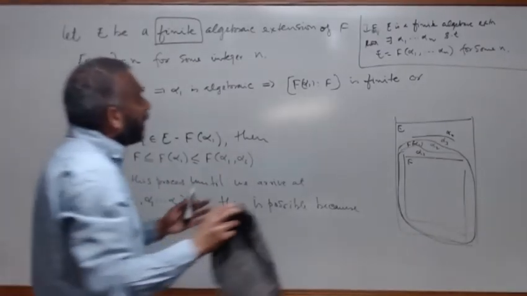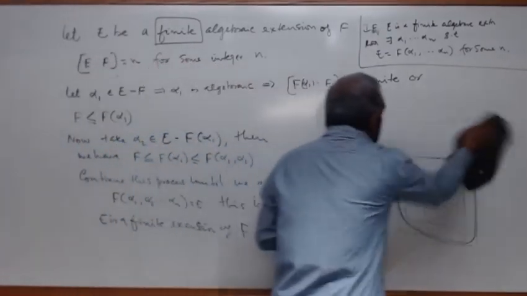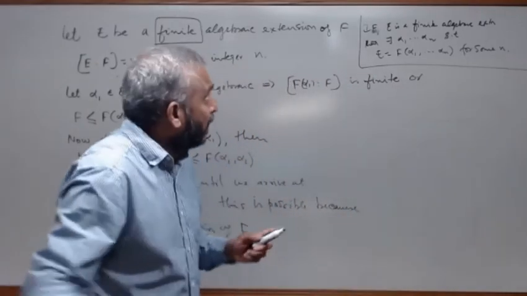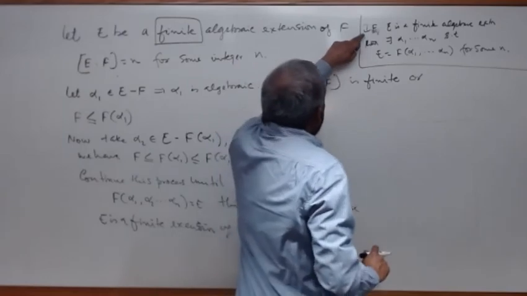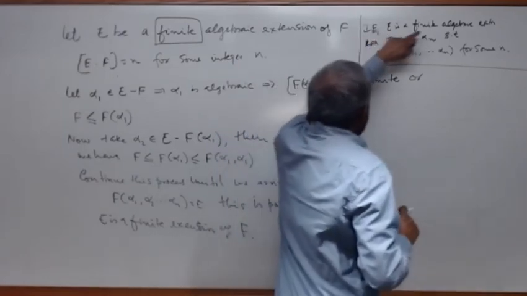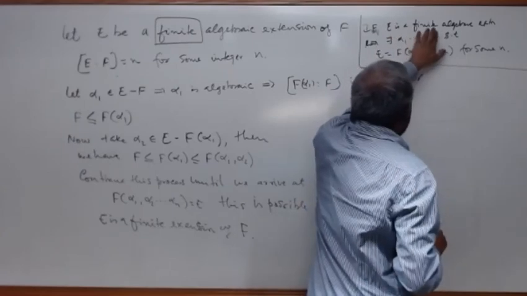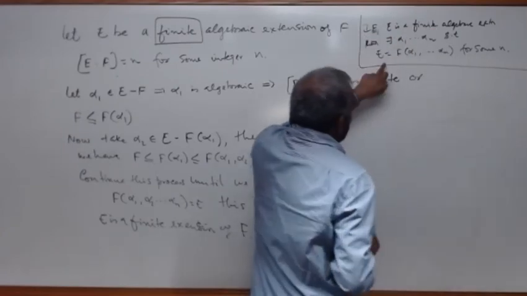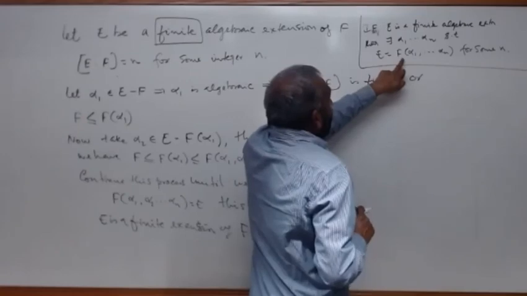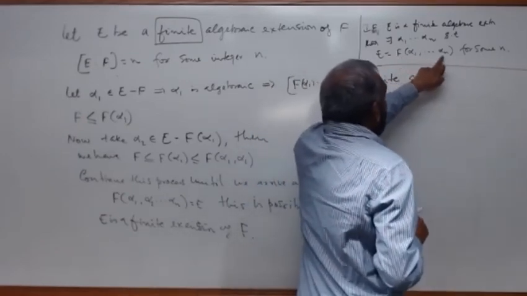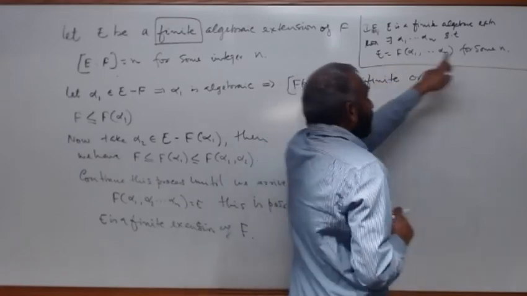Now see here, what I'm assuming is E is a finite algebraic extension. If it's a finite algebraic extension, we can express E as an extension of alpha 1, alpha 2, ..., alpha n over F for some n.